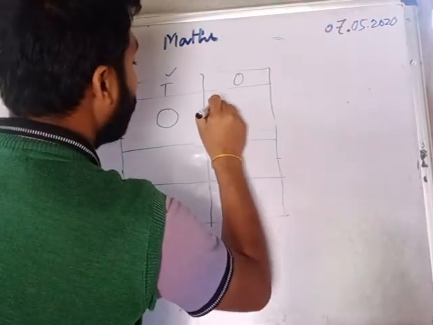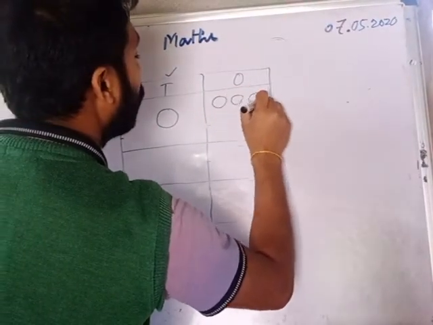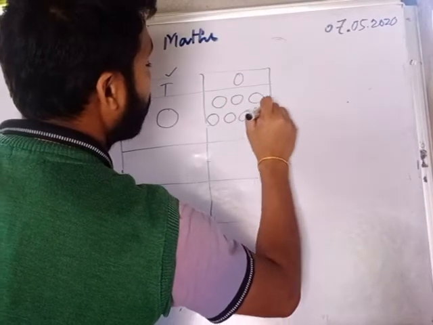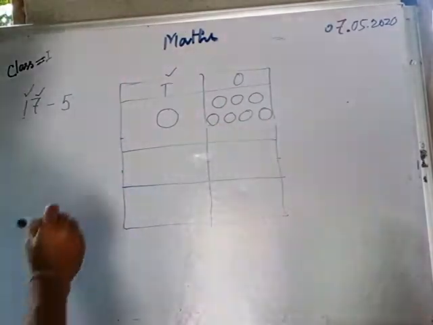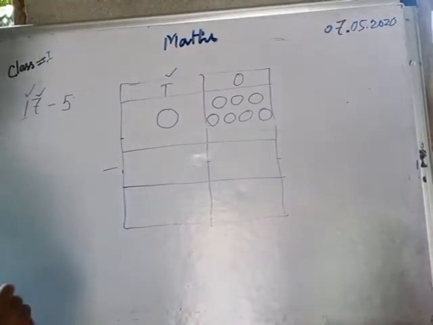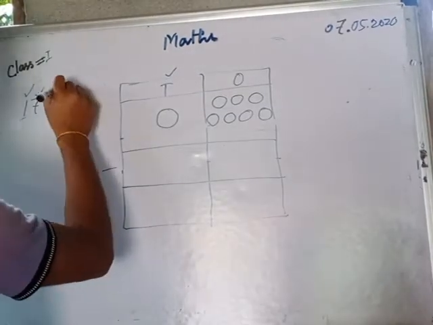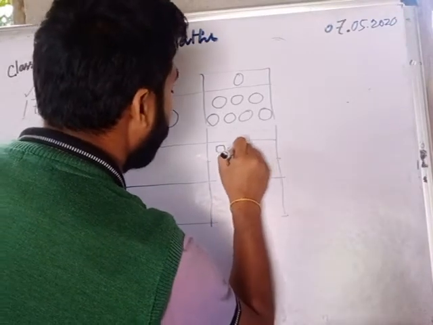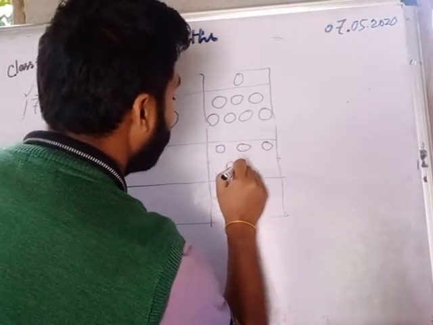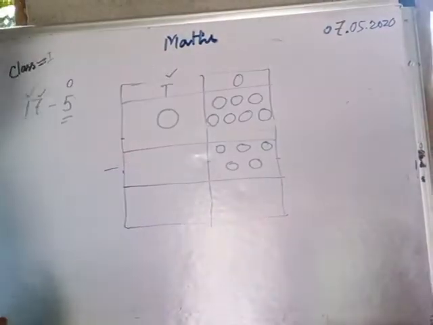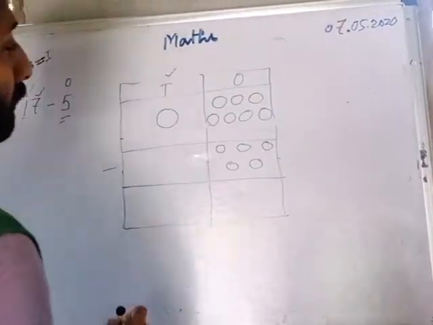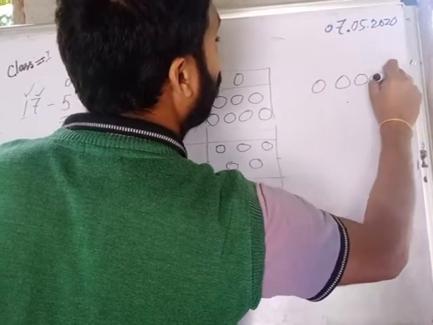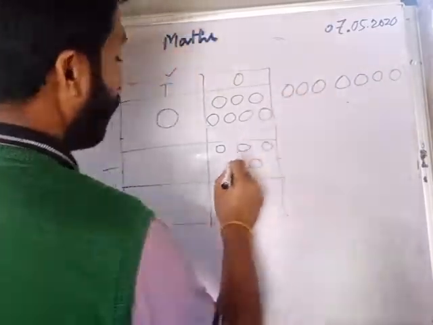That means 1, 2, 3, 4, 5, 6 and 7. We should subtract the number 5. 5, that means it is only ones place. So we should write here 5. 1, 2, 3, 4, 5. If we subtract 5 from 7, 1, 2, 3, 4, 5, 6 and 7.